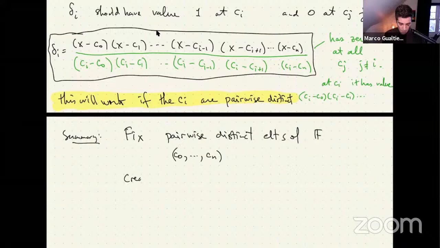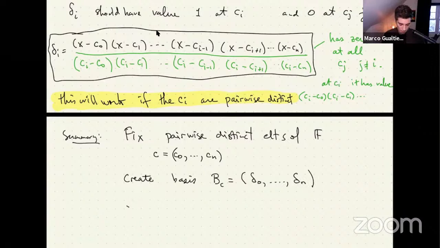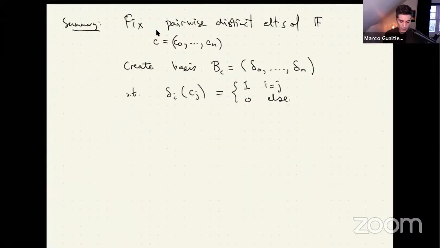And then we create a basis adapted to C, with the property that delta i of Cj is equal to 1 if i is equal to j and 0 else. Okay, and so that's what we did.